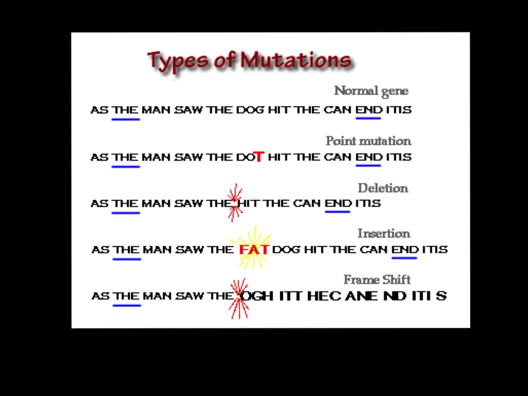If I have an insertion, I can say the man saw the fat dog hit the can. Or if I have a frame shift, and frame shift is the one that really doesn't make sense, right? That's the one that affects everything else. The man saw the it, heck, and it's. Doesn't even make sense.